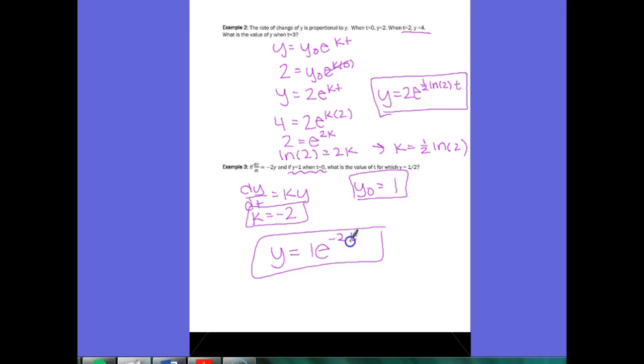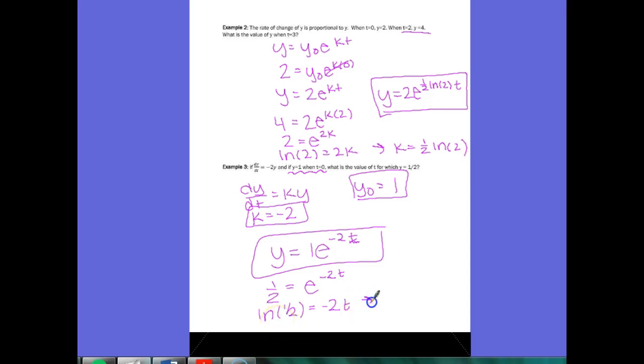So this time I'm looking for t. So y is 1/2, equal to e to the negative 2t. How do you get rid of your e? You take the ln: ln 1/2 equals negative 2t. Here's something cool.